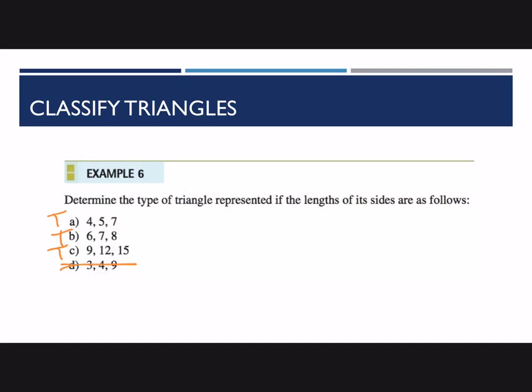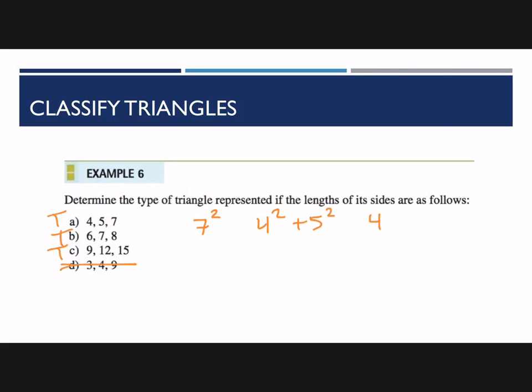Okay, then the 3 remaining ones, I'm going to use the Pythagorean theorem to decide what type of triangle it is. So we're going to take the longest length in each case and let that be C. Okay, so in the first one I would have 7 squared, and I want to see if that's greater than, less than, or equal to 4 squared plus 5 squared.